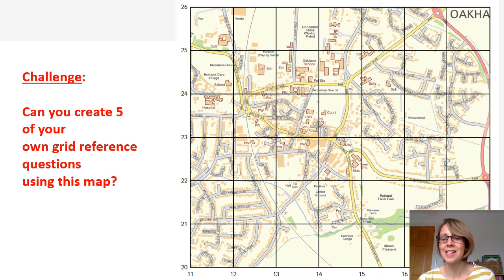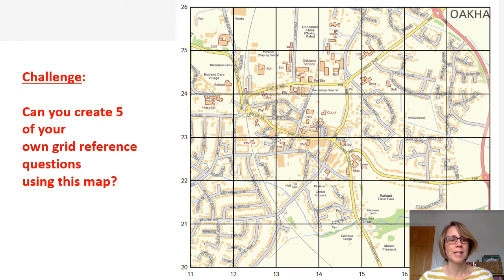Your second task, a superstar challenge, if you're ready for it today, is to create 5 of your own grid references for different places on this different map. So for instance, you could look at any of the places on this map, and I can see a place called Oakham School.